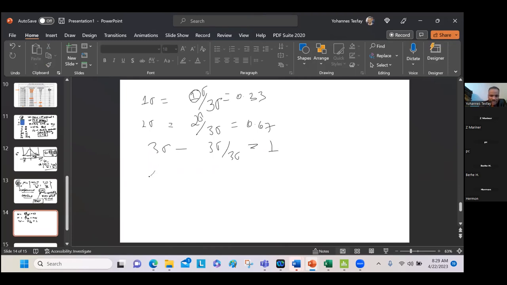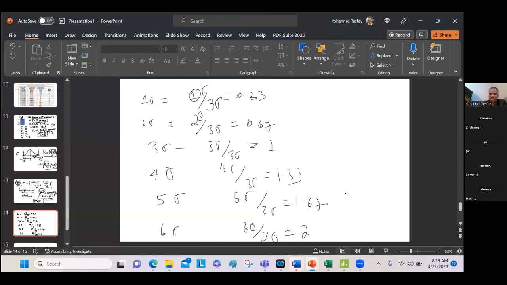Okay? If you have a 4 sigma process, then 4 sigma divided by 3 sigma is equal to 1.33. And 5 sigma, so this is 5 sigma divided by 3 sigma. Your CPK is 1.67, and 6 sigma, you put 6 sigma here. Okay, 6 sigma divided by 3 sigma. This is equal to exactly 2.